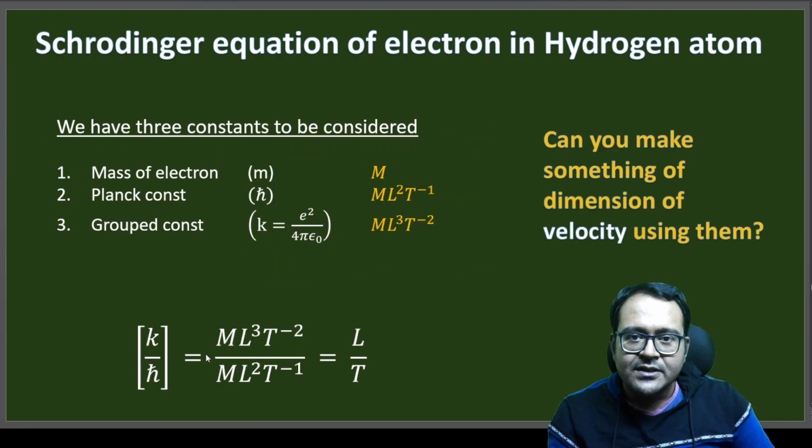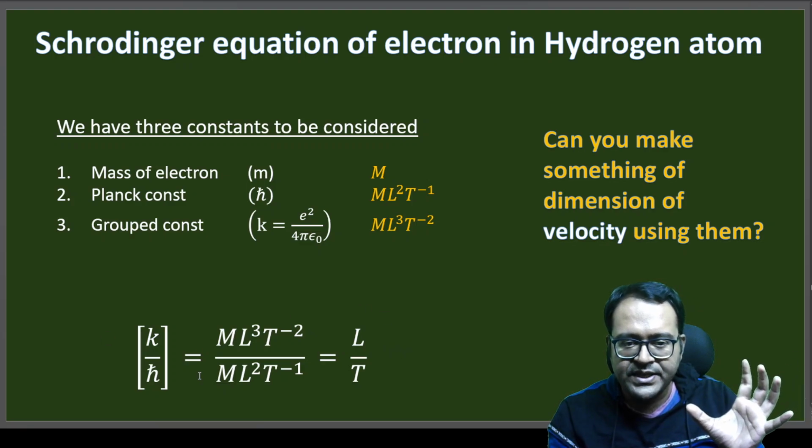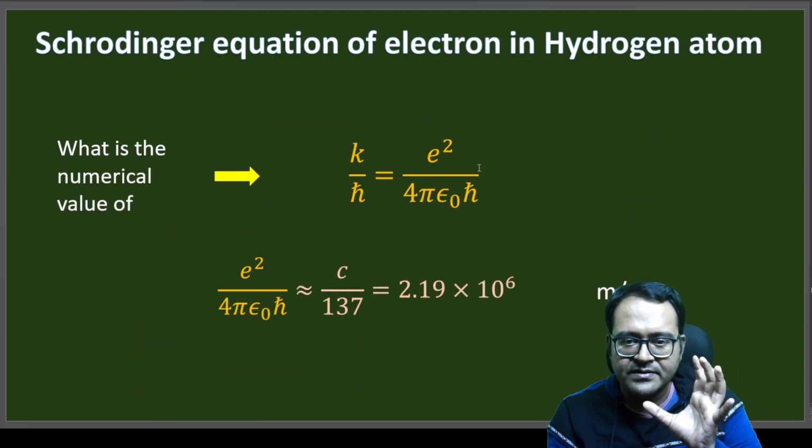Okay, so let's proceed. Can you make something of dimension of velocity using them? Sure, why not? If you just divide your k by h bar, the dimension matches with L by T. So that means the velocity of your electron in that Coulombic potential should be of the order of k by h bar, and that is just c by 137.